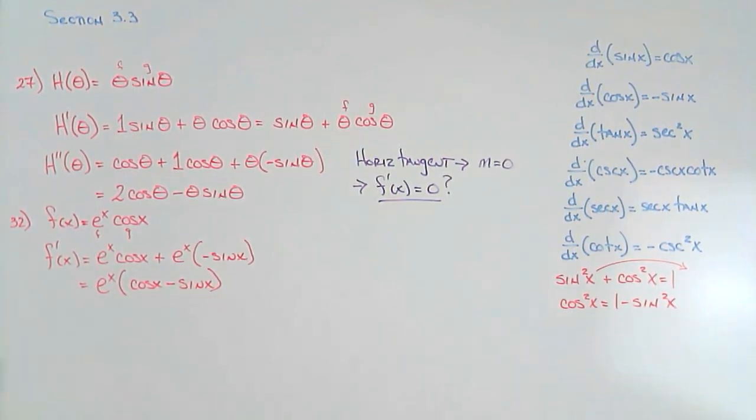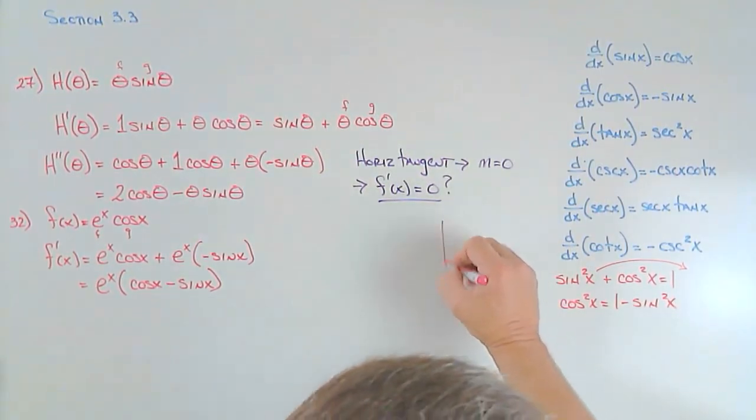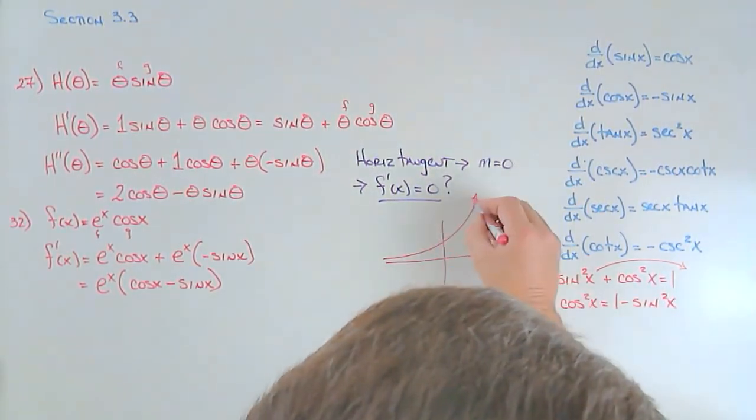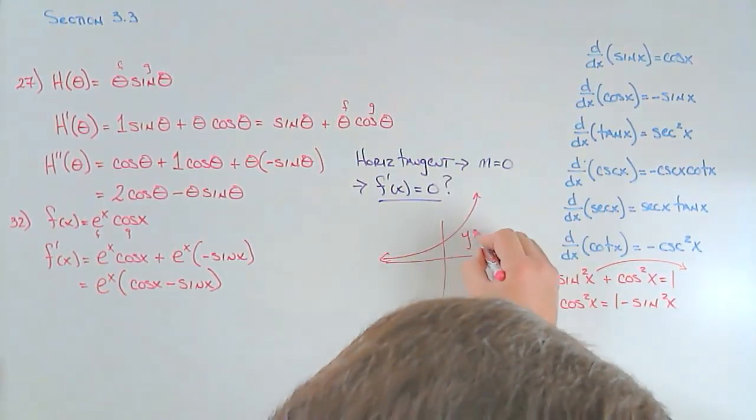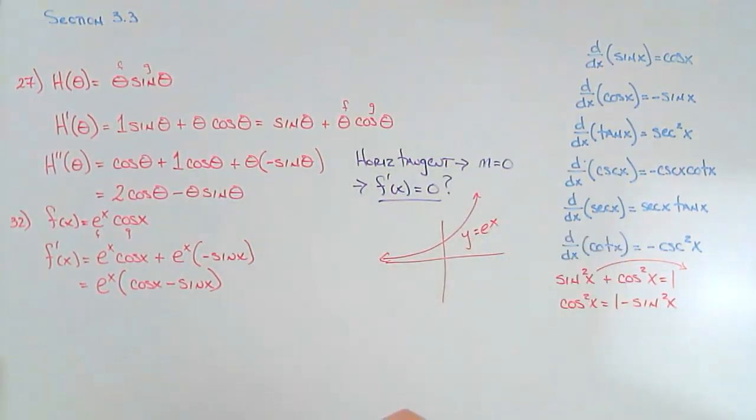Now, we've graphed e to the x in class. Graph of e to the x goes like this. It never equals 0, right? Because that's what we're trying to solve. We're trying to solve, when does this equal 0? And we said in algebra that a times b equals 0 when a equals 0 or b equals 0.